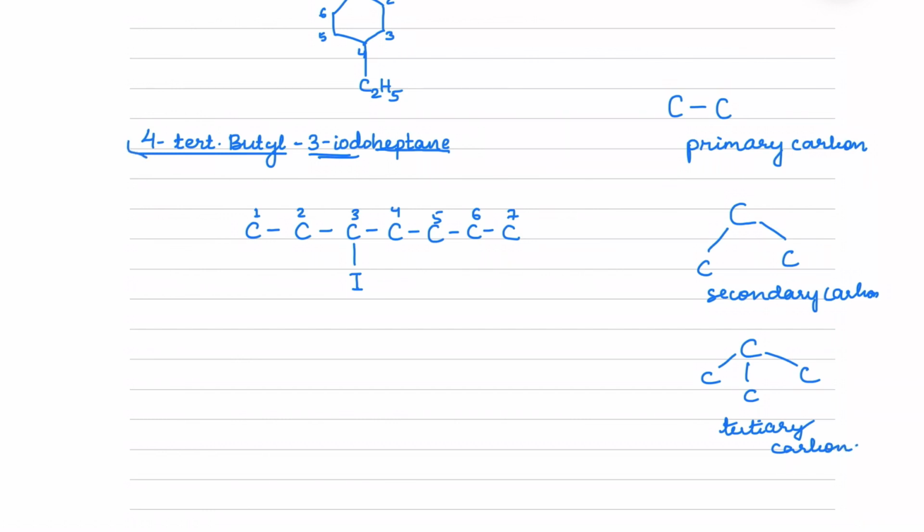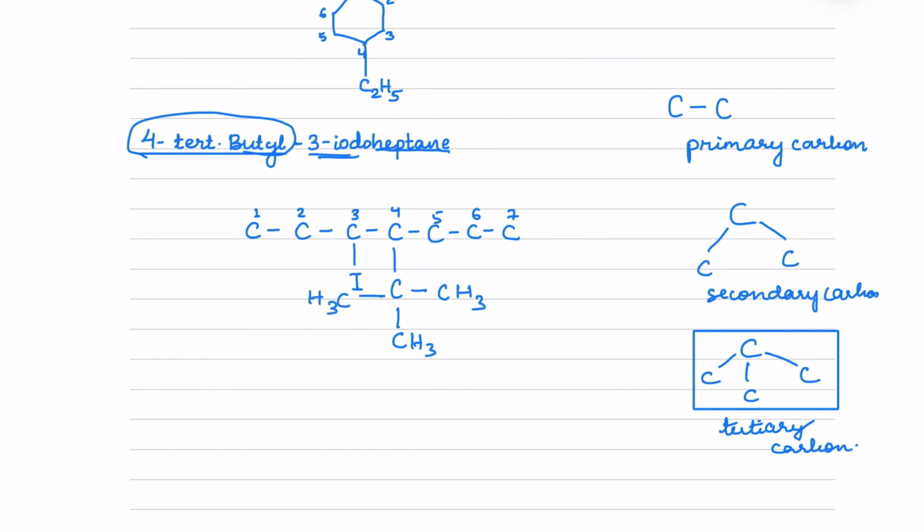As the name indicates, tert butyl. This means we'll be using this structure here at the fourth position. So this becomes C, here CH3, here CH3, and here H3C. So this becomes our structure.